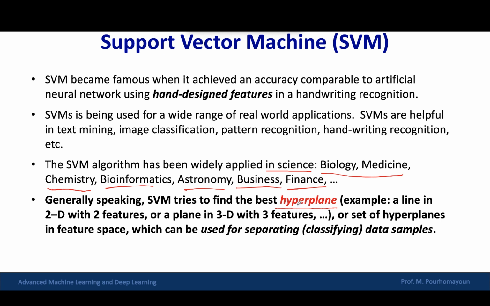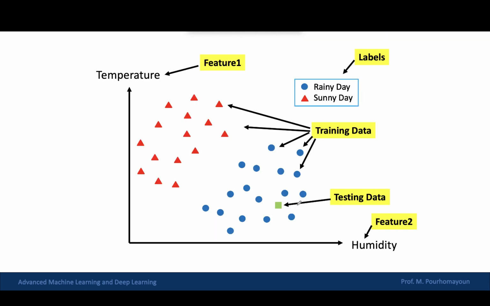So in 2D, it can be a line when you have only two features. In 3D, it can be a plane. When we have more than three features in higher dimensional spaces, we call it hyperplane. So generally speaking, hyperplane can be your classifier in n-dimensional space.